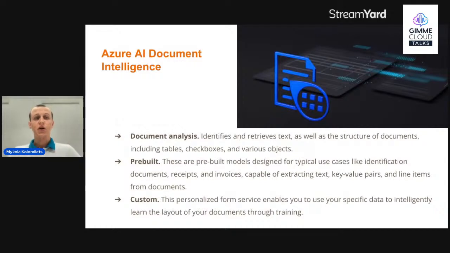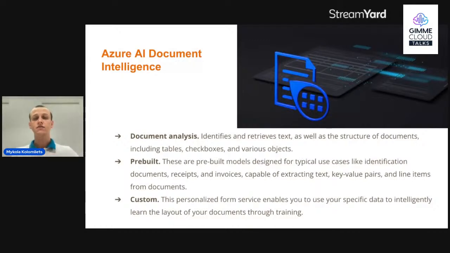Next slide is about Azure AI Document Intelligence. In this presentation, it is a core service, because this service will analyze documents. It can analyze a document and extract really important data from it. What does it mean?